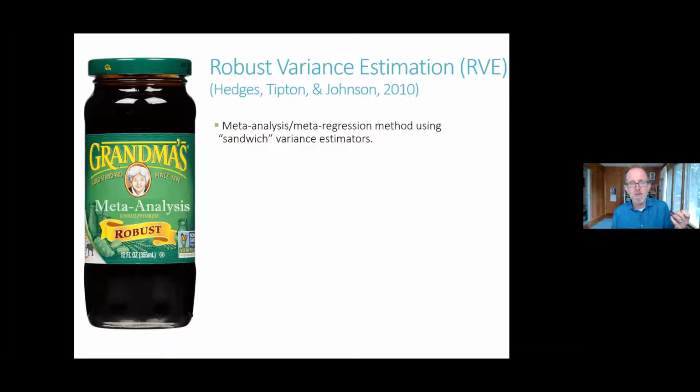In other words, even if you get some aspect of the model incorrect, like you're not able to estimate the real degree of correlation between effect size estimates, you can use these sandwich estimation methods, or RVE, to get standard errors that will still work even if your modeling assumptions are misspecified. It's kind of like you're buying extra insurance on your standard errors and hypothesis tests in case some part of your model is flawed in some way.